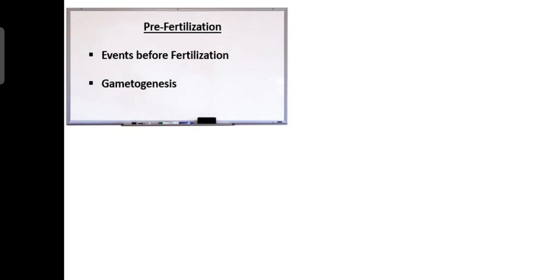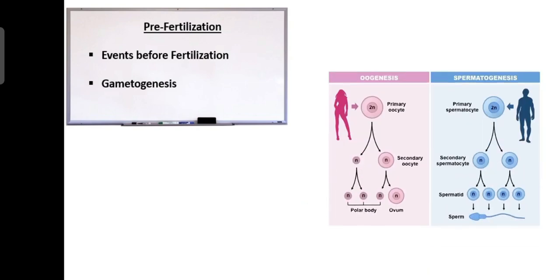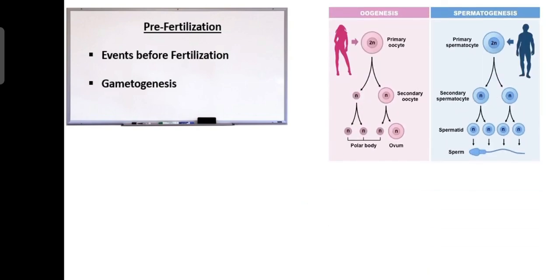In the pre-fertilization events, there are two categories: number one, gametogenesis, and number two, gamete transfer. Gametogenesis is the process of formation of the gametes. What are gametes? Gametes are nothing but the sex cells, and they can be of different types.